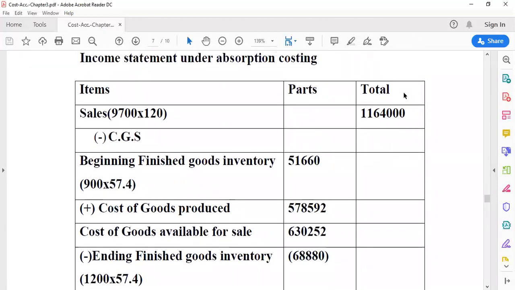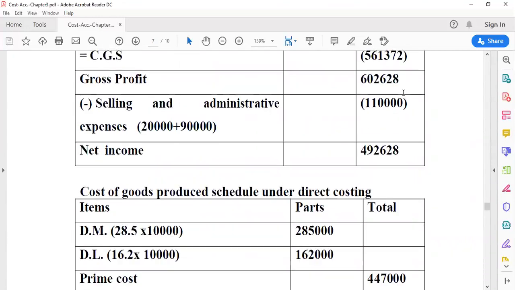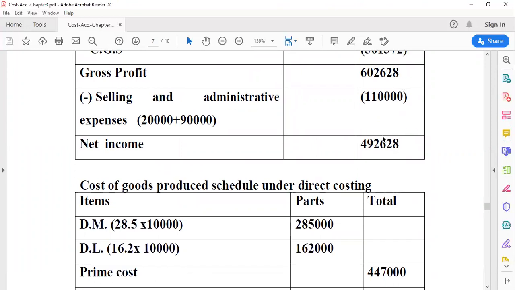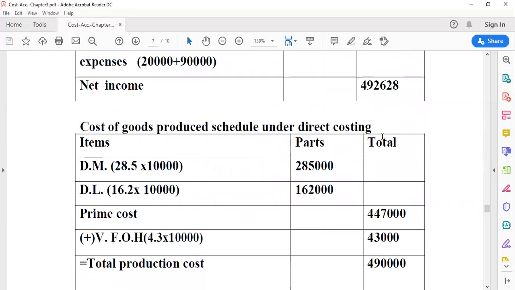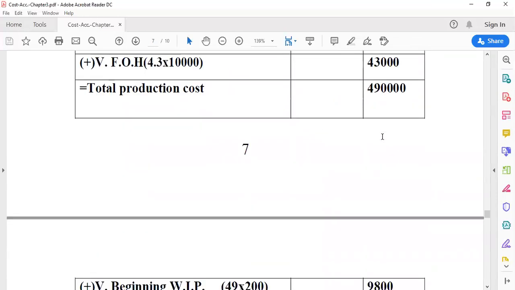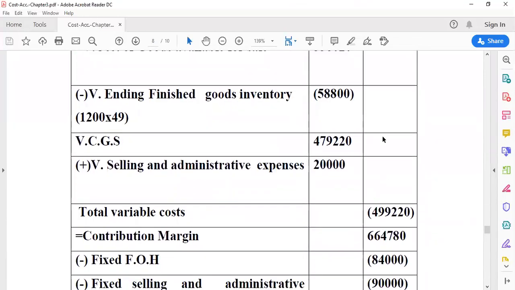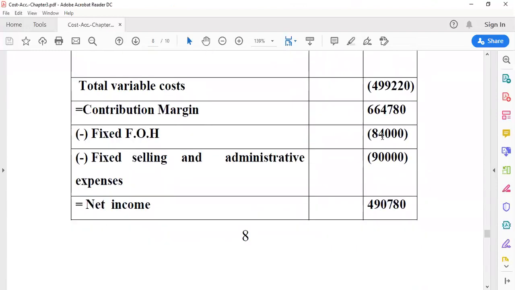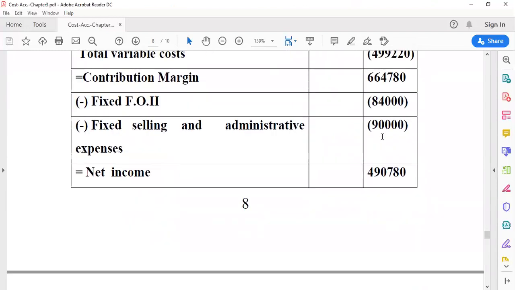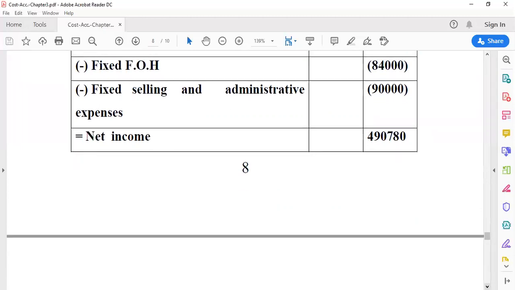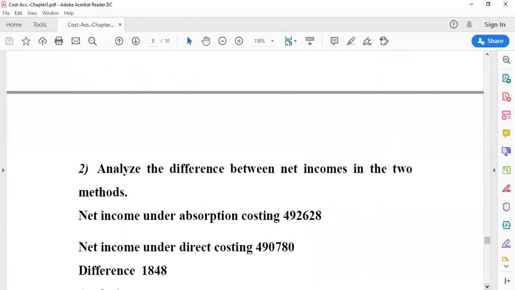Under absorption costing, the net income equals 492,628. The net income under our direct costing theory is just 490,780, which is smaller than the net income of the full absorption theory. Why did this difference happen?